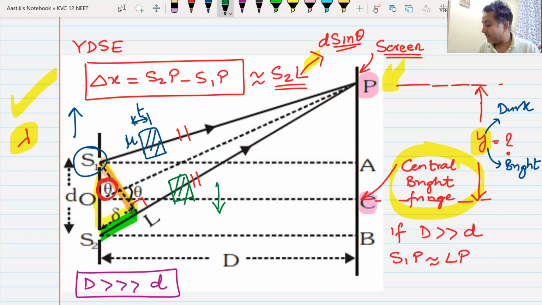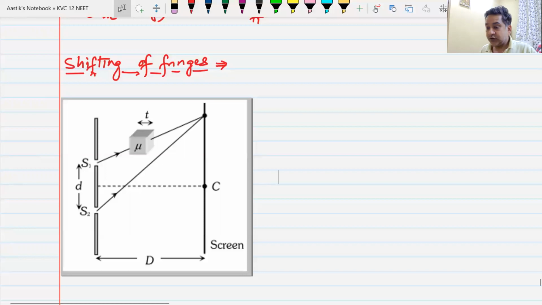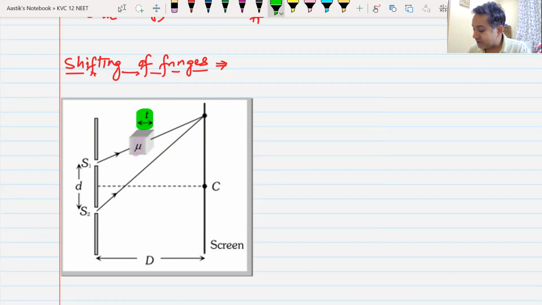So basically, the same thing that we have achieved can now be done in a different way. I am going to introduce a glass slab in the path, and because of this, the interference pattern is going to shift. As you can see here, I have put a glass slab of refractive index mu and thickness T in the way of the light coming from slit S1, the upper slit.